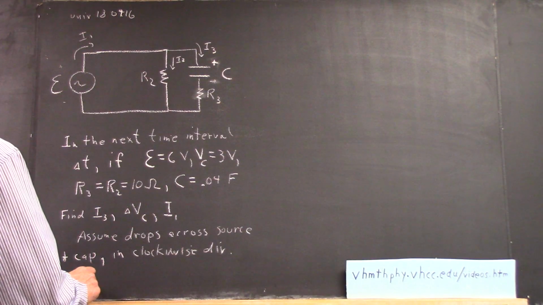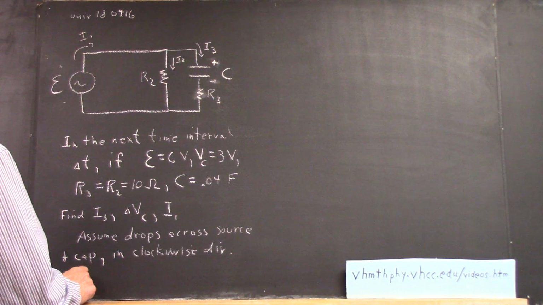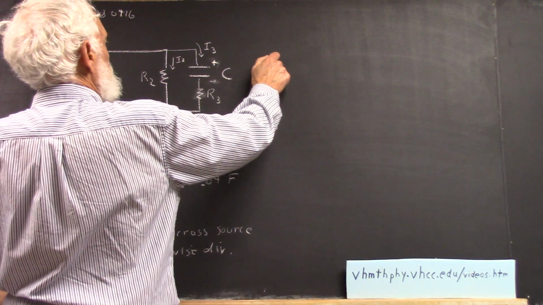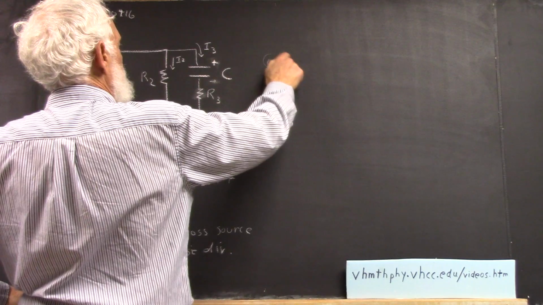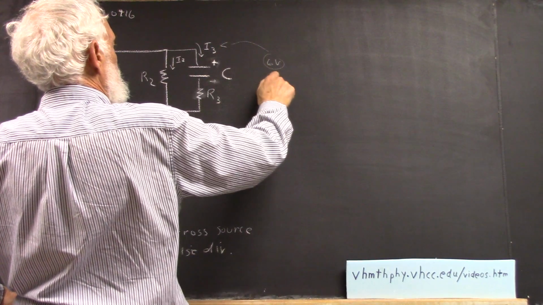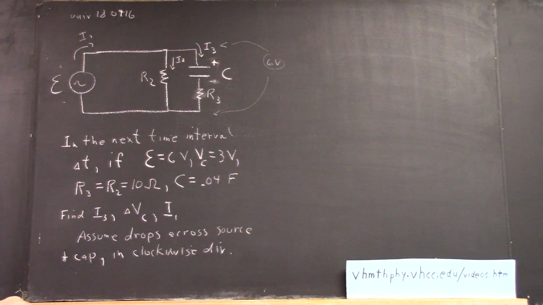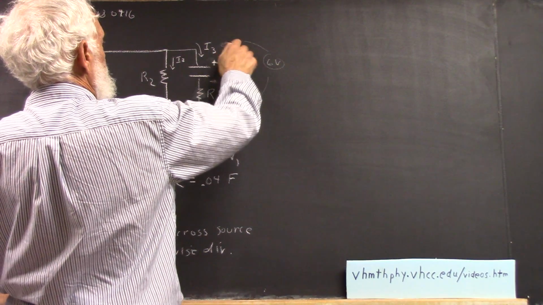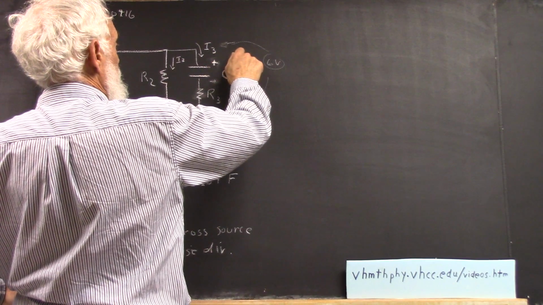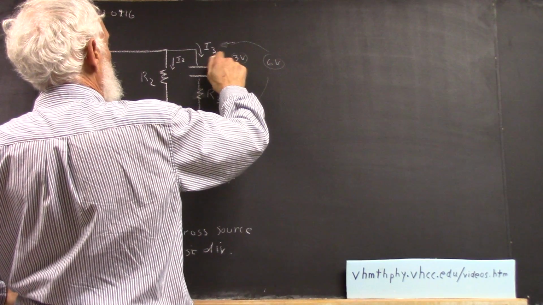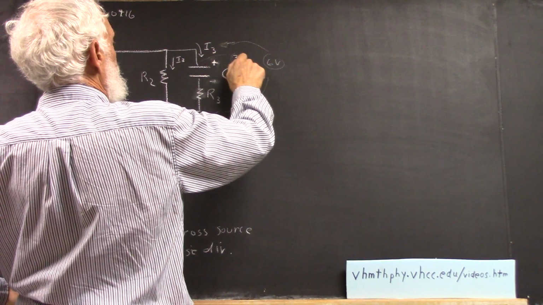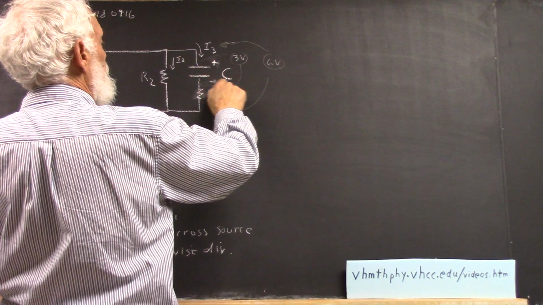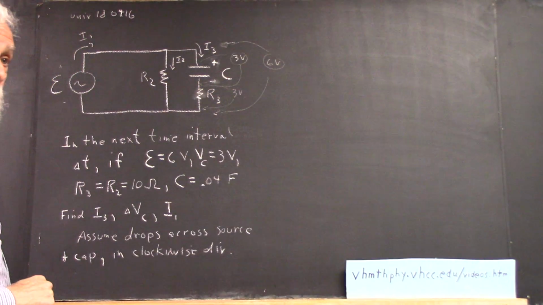Then okay, let's do that. You got 6 volts between here and here, right? A 6-volt drop, and let's say 6-volt drop in this direction. And you have a 3-volt drop from here to here, which means you got a 3-volt drop from here to here, right?